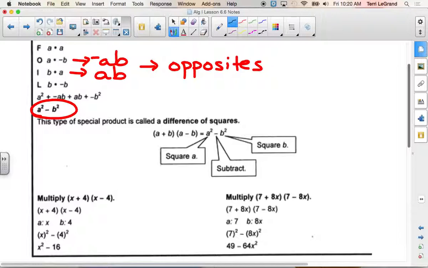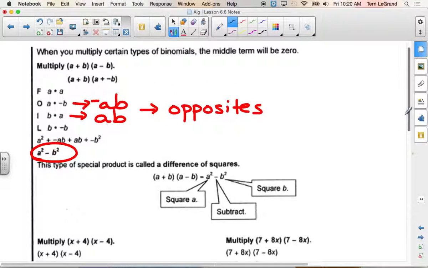But this works when what? What does it have to be? Look at what it says. A binomial times itself? No, not really. But they both have the same first term and the same second term, and one has addition and the other has subtraction.